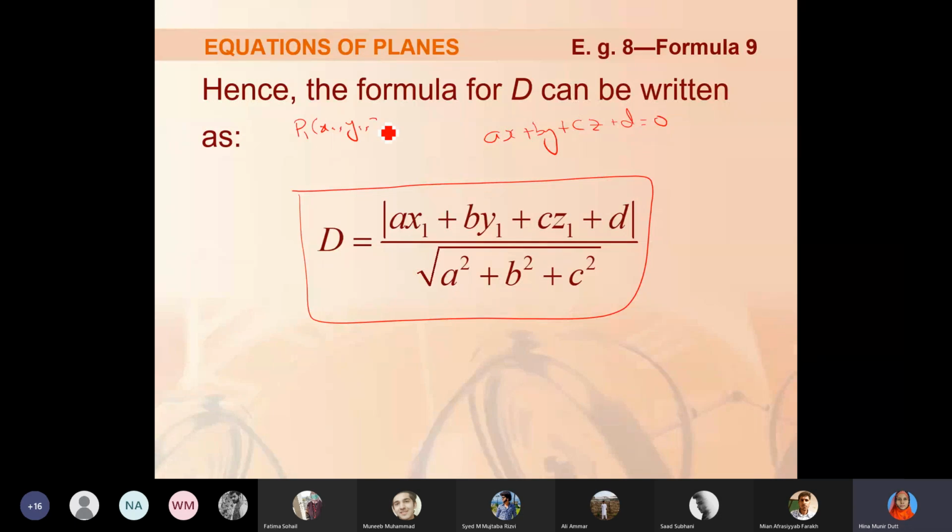In the formula, I have to put this point in this equation, in place of x, y, and z, I have to put x1, y1, z1, and then take the square root of a square plus b square plus c square in the denominator. That's the formula for the distance of a point from the plane, where the point lies outside the plane.